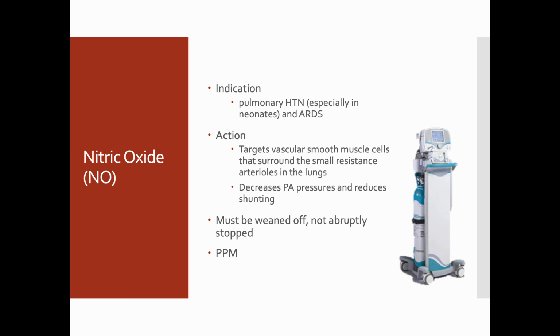And in heart failure, particularly in pulmonary hypertension, it reduces the vascular smooth muscle resistance and dilates the arterioles in the lungs. It's an important medicine that's very expensive to use. It has to be weaned off, not abruptly stopped, and it's dosed in ppm, parts per million.